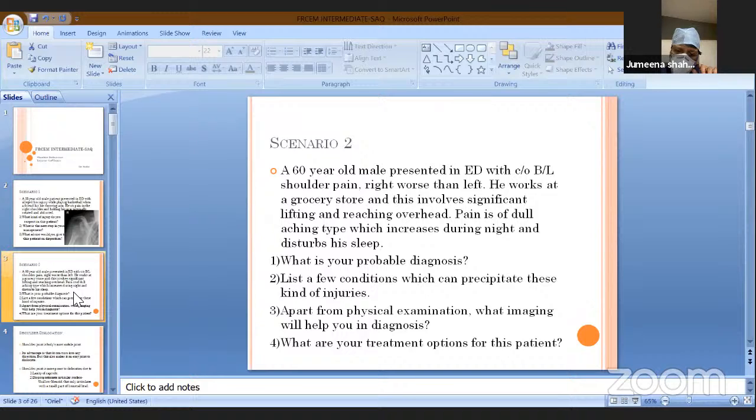What are your treatment options for these patients? A question like that might appear very non-specific. It's like writing complications of a drug: nausea, vomiting, diarrhea; treatment options: analgesia, sling, rest.